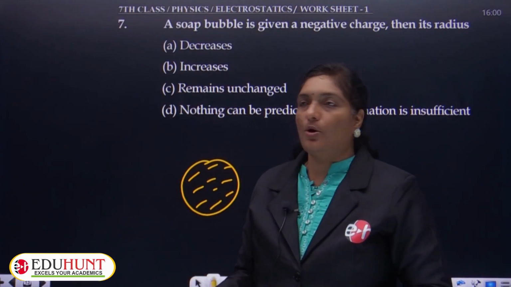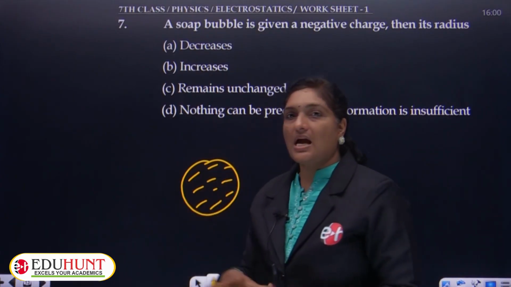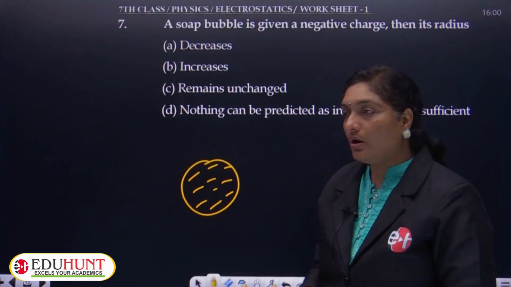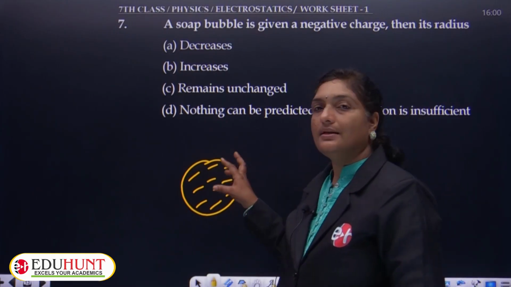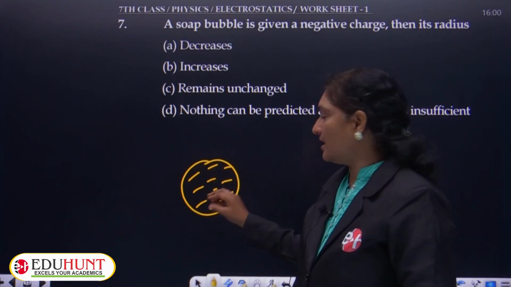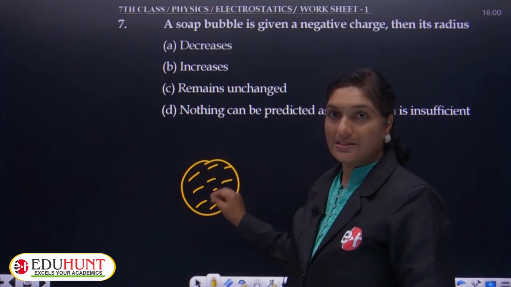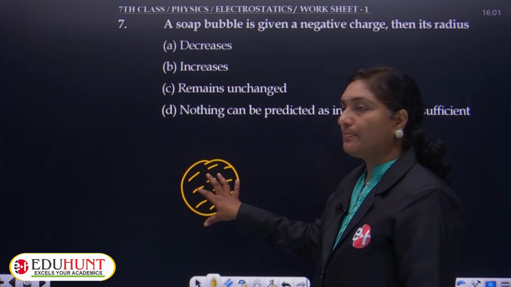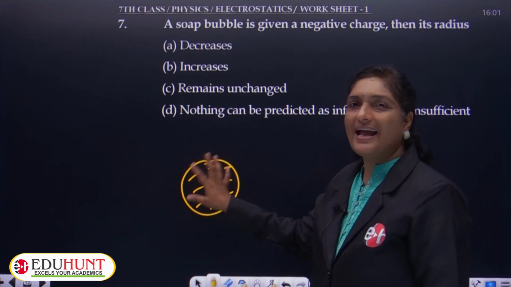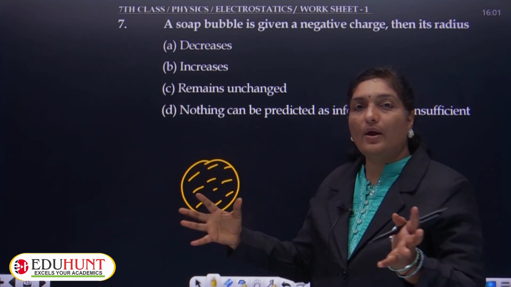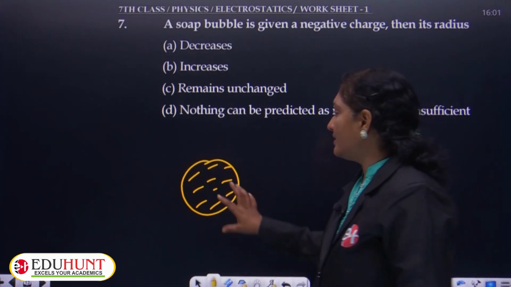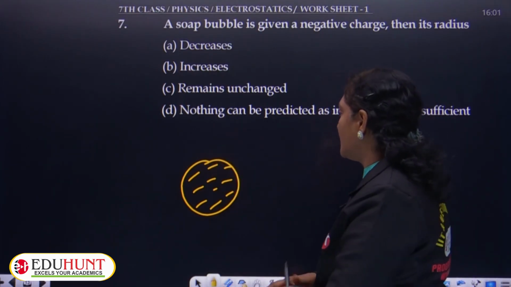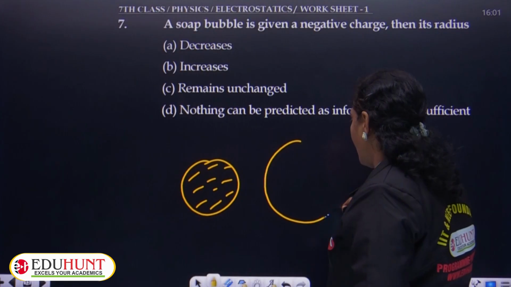We know from the property of charge, like charges repel each other. So, due to the tendency that like charges repel each other, all the electrons inside the soap bubble try to move away from each other. Whenever they move away from each other, it has a tendency to expand.